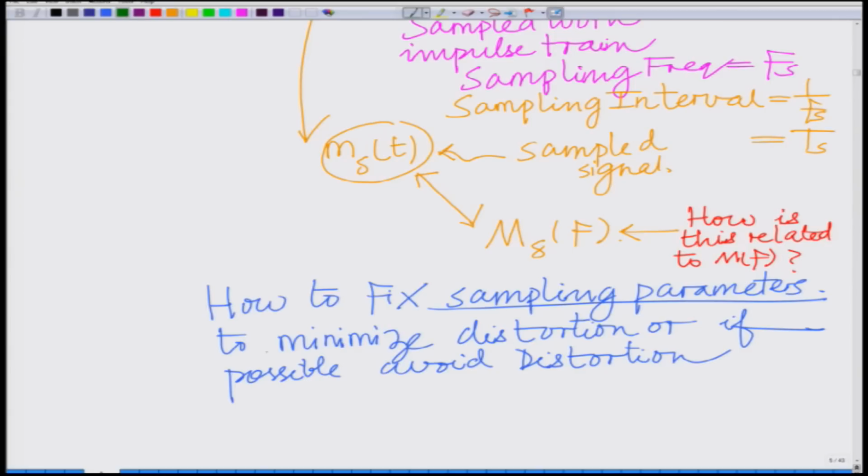Ideally we would like to avoid distortion, but if making distortion completely 0 is not possible, then at least we would like to minimize the distortion caused by loss of information arising due to this sampling process. These are some of the questions that we want to answer while considering the sampling of this analog signal, which we will consider in the subsequent modules. Thank you very much.